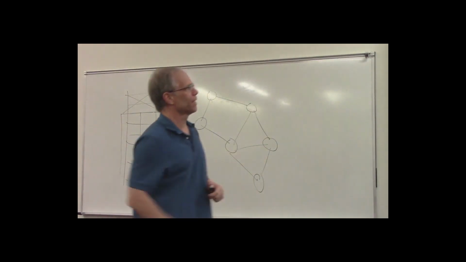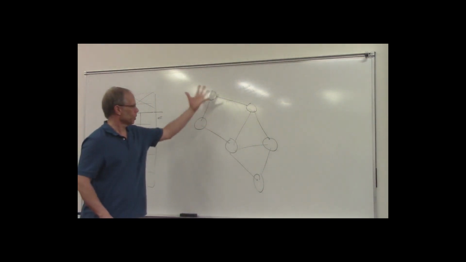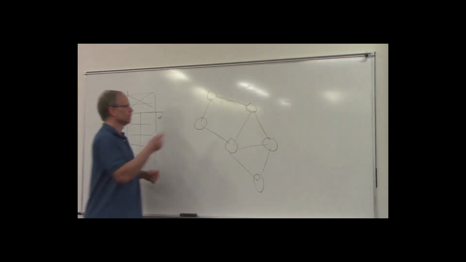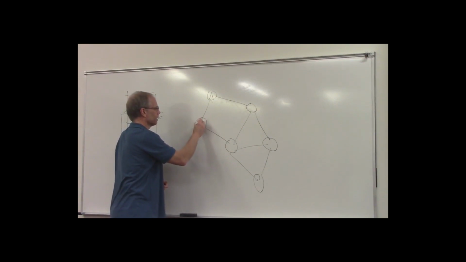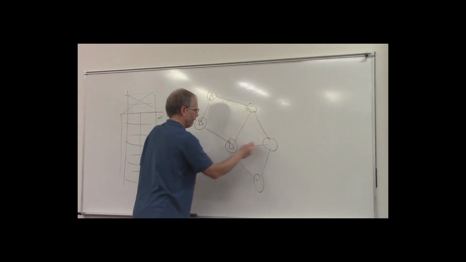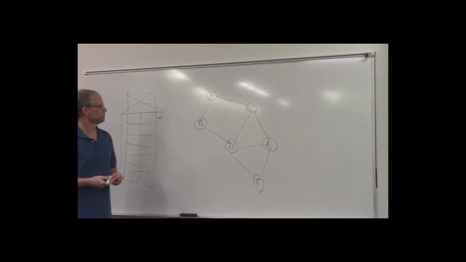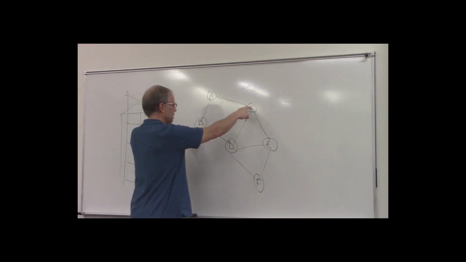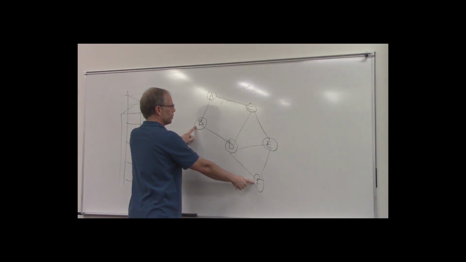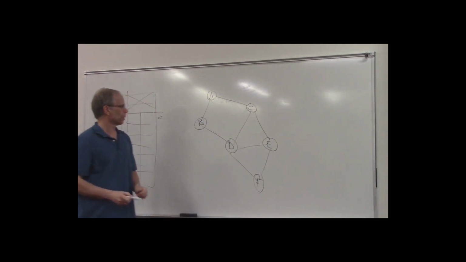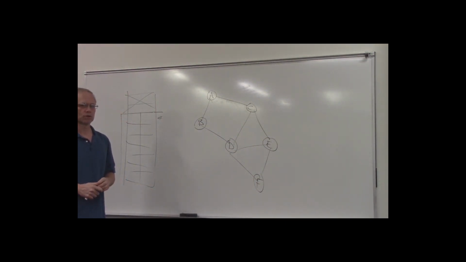What would be the largest set of vertices here? Let me give these some letters so you can talk to me. So he suggests C, B, F. There are no edges between them, that's 3. Could we do 4? I don't believe so.